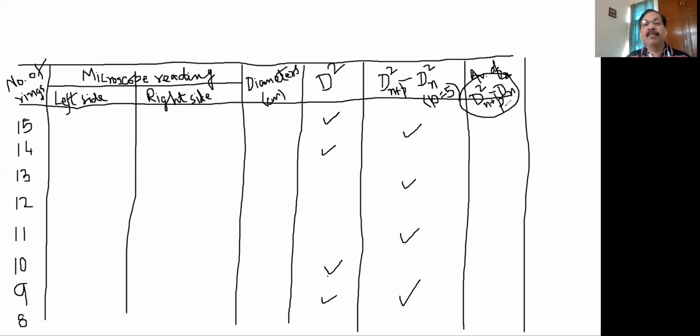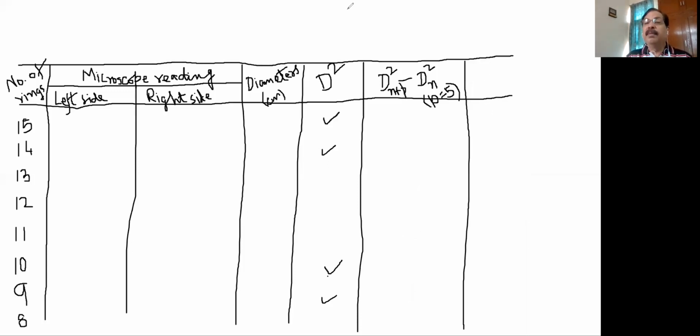I am deleting this table, then I will write the formula which will be used to measure the wavelength of sodium light. First I will erase this.